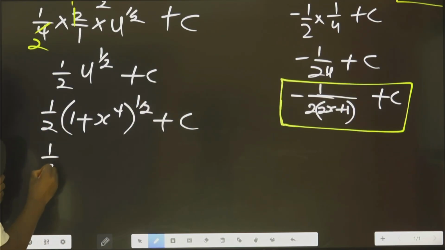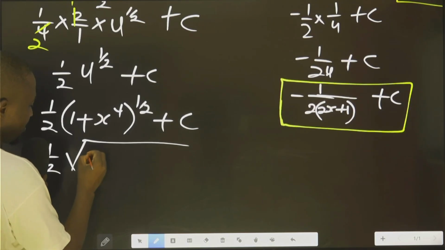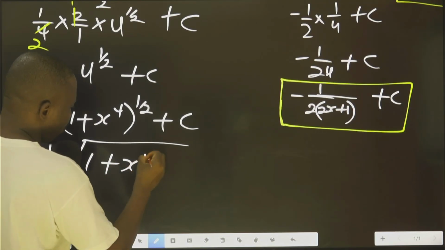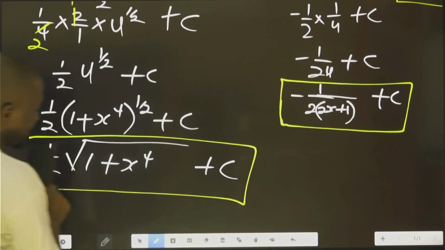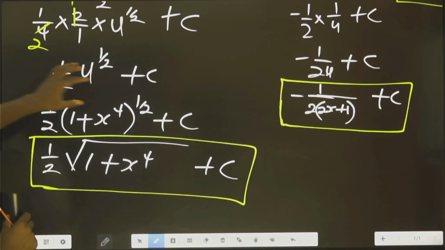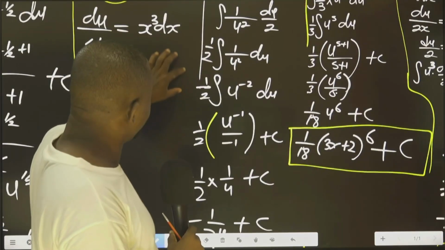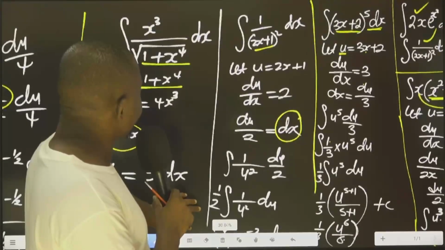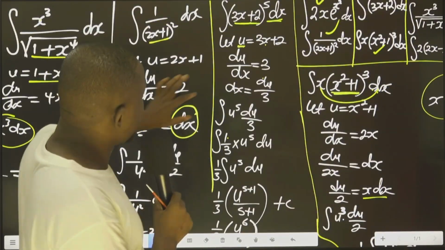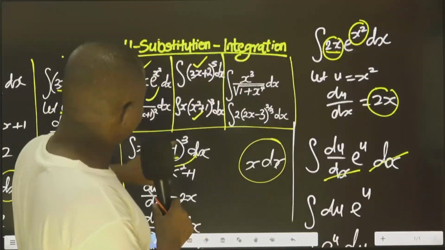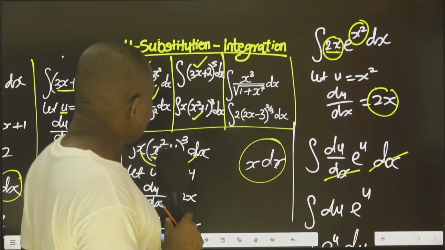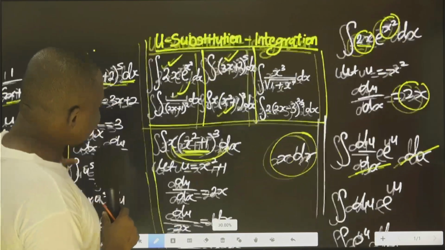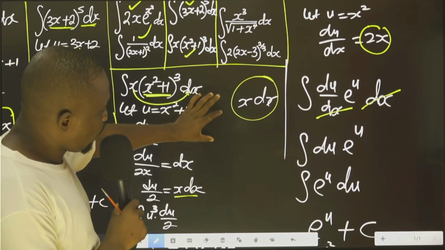If you want to rewrite it, you can write it again as the square root of 1 plus s raised to power 4, plus c. So this is the integral for this derivative. Okay, step by step, step by step. I believe you get what we are doing here.